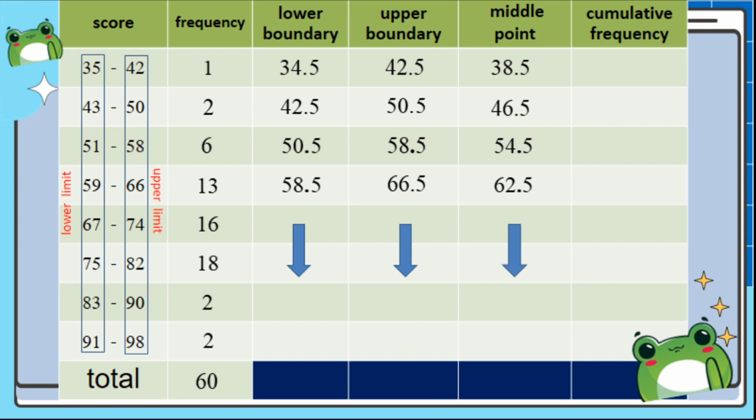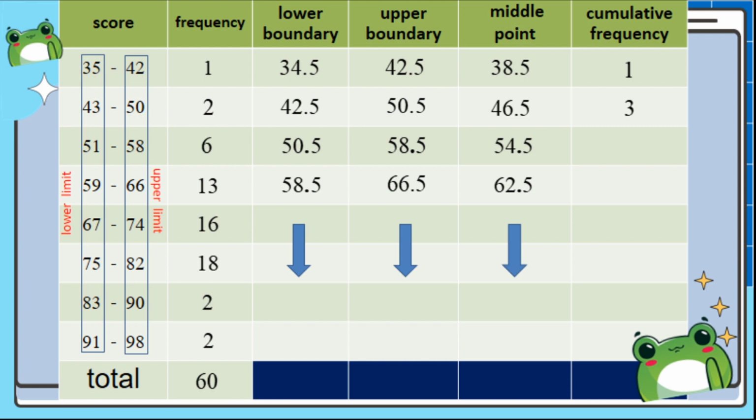And next, the cumulative frequency. The cumulative frequency is the sum of the frequency in each class respectively. So for the first class, the frequency is 1, and the second class is the sum of the frequency of the first row and the second row, so the sum equals 3.